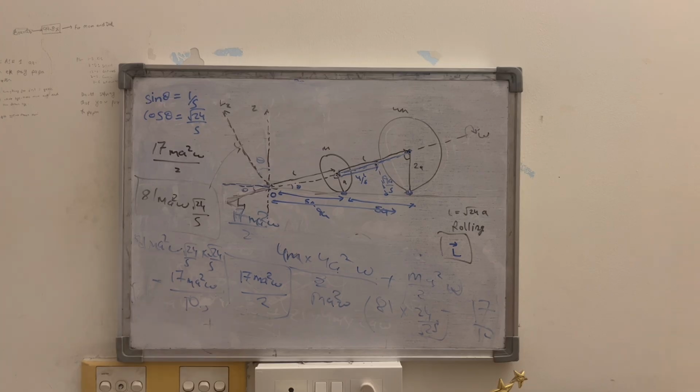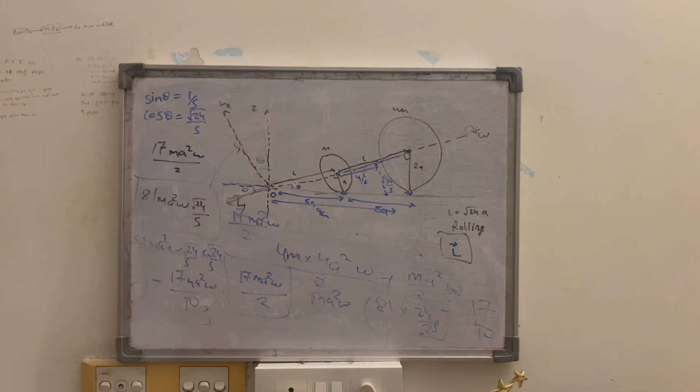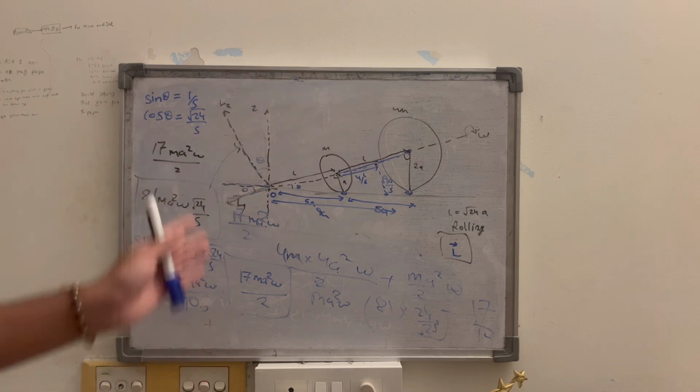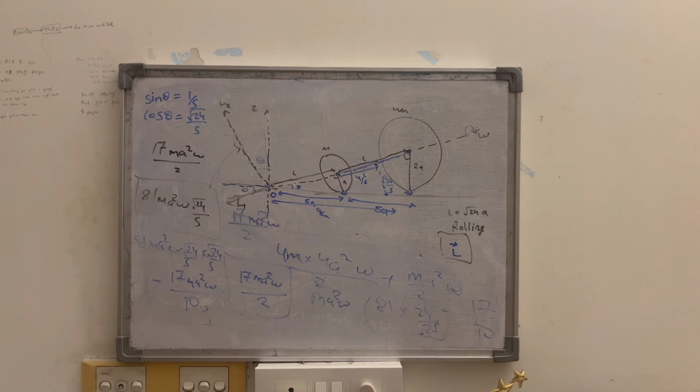It is a bit lengthy because this was a different type of problem in which the axis was tilted. So the two angular momentums were like this, going like this and like this. This was difficult to explain, but when solving, I agree that under paper time pressure this would have been really tough to think about also.